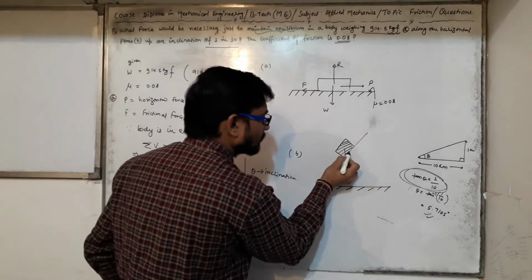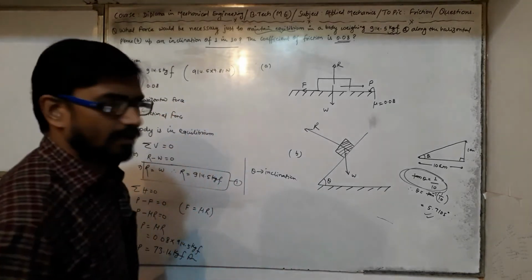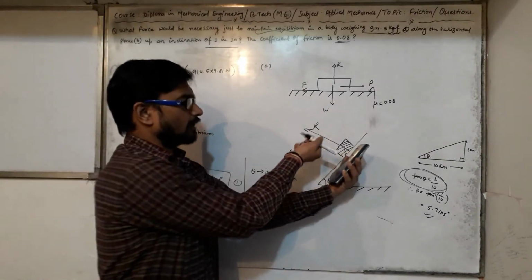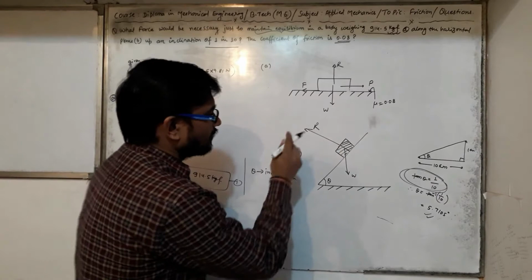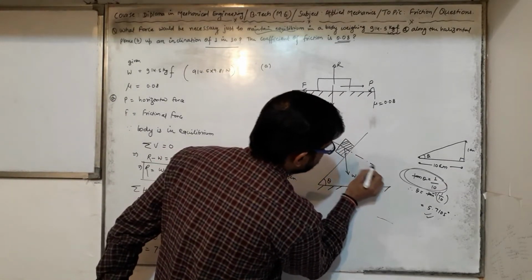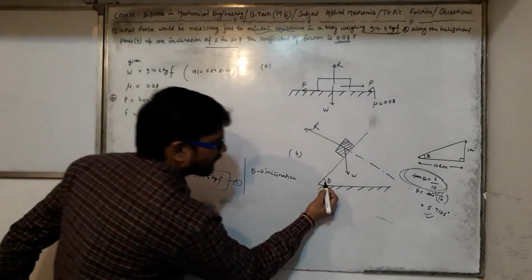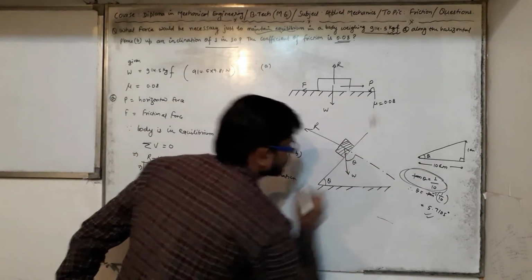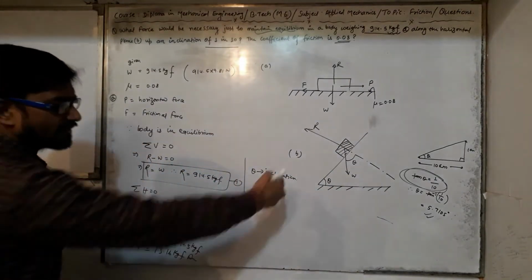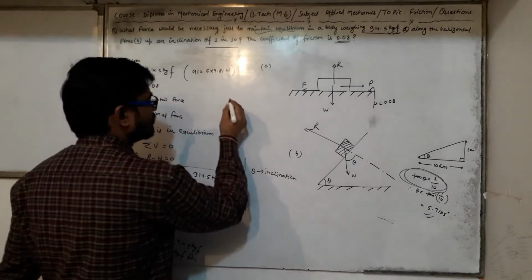So the normal reaction would be like this, perpendicular. If the line of action is projecting in this direction, then this angle and this angle must be the same. How must they be the same? See here.